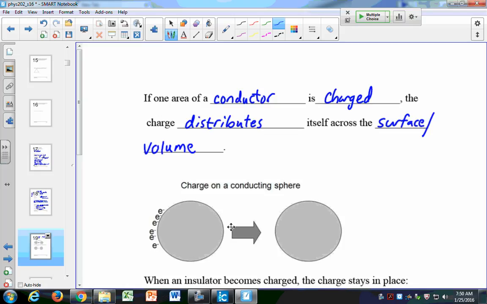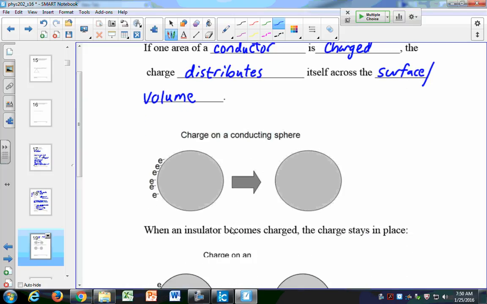All right, so let's imagine that we have this conducting sphere. At first we'll just imagine that this is a spherical shell, so it's kind of like a metal ball that's hollow in the middle. If we put some electric charges on it, those charges are going to distribute themselves evenly all around that conductor. If it's a solid sphere, they would instead distribute themselves evenly all throughout the volume of the sphere.